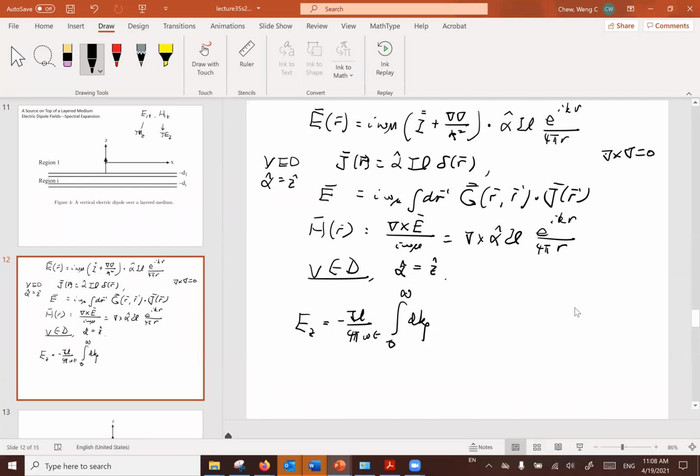Okay, k rho cubed over kz, J0 of k rho, e to the i kz z. And this Z component will represent TM to Z waves. Okay, and we know how to propagate this plane wave. This is essentially a plane wave.